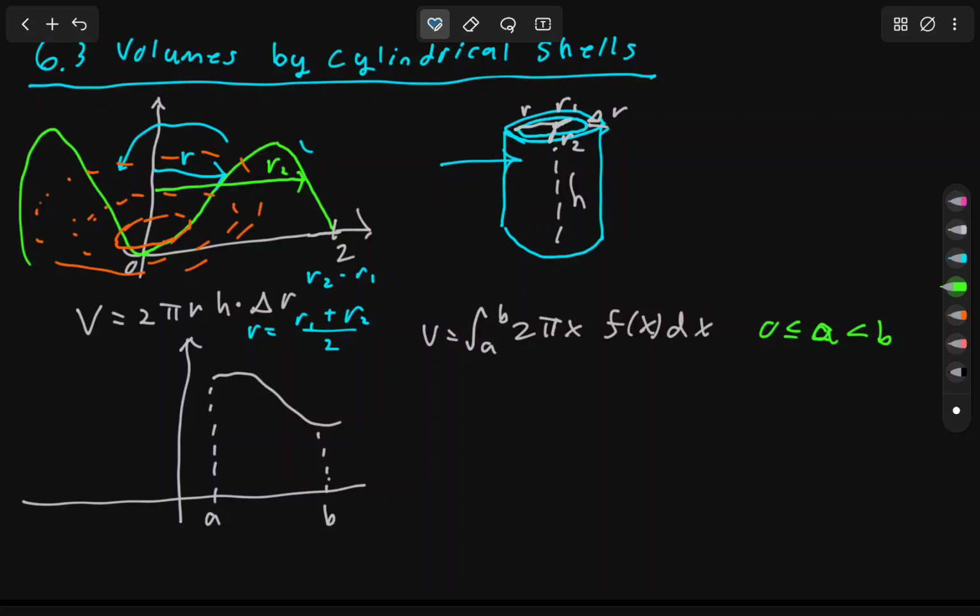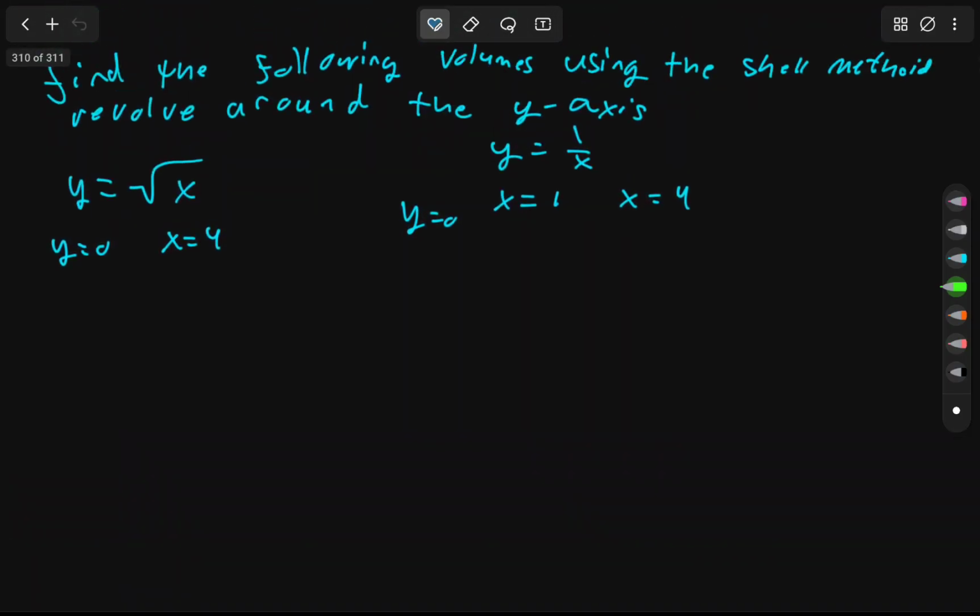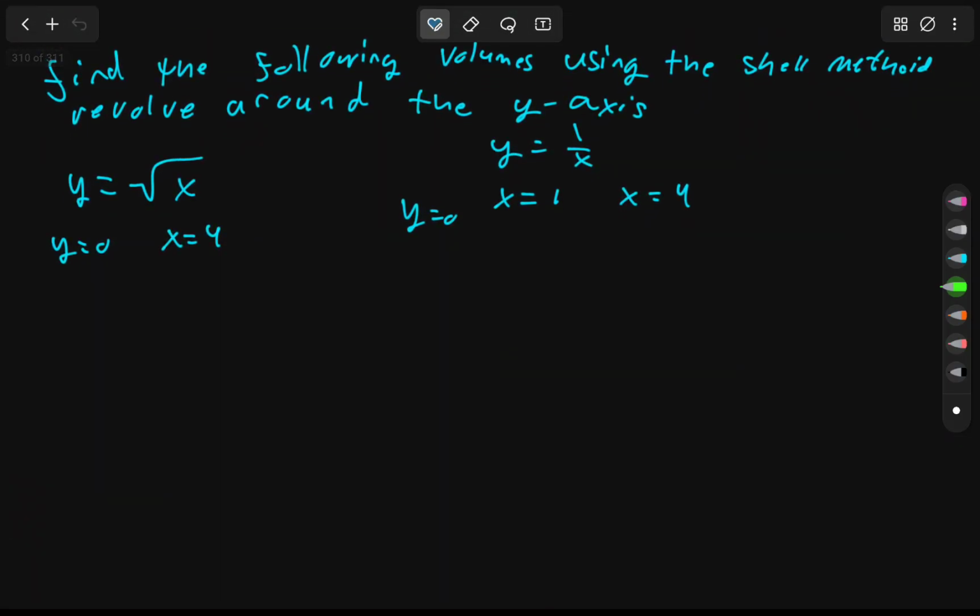Now that we've got this formula down, let's use it. Suppose I want to know the volume of the following graphs if I were to revolve them around the y-axis. For this graph of the square root of x, the graph is going to look something like this, and this is after the rotation.